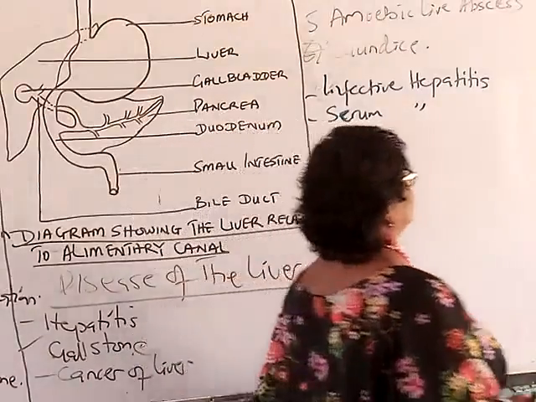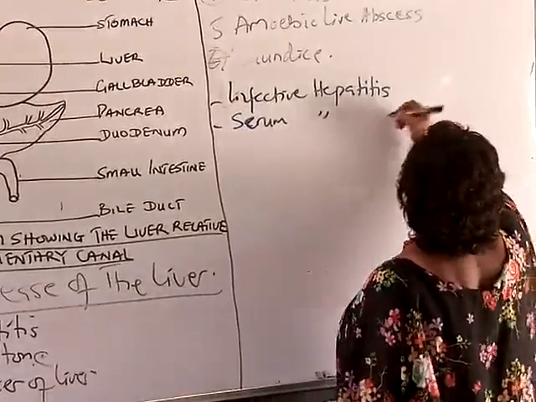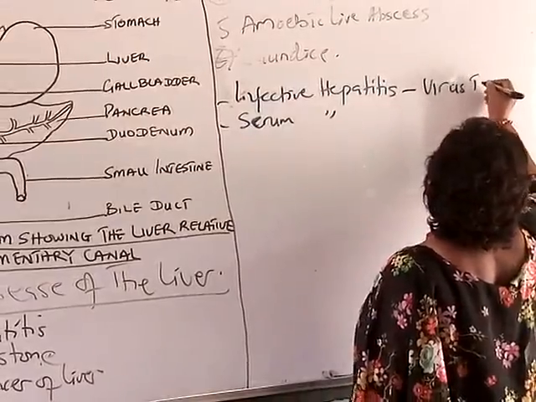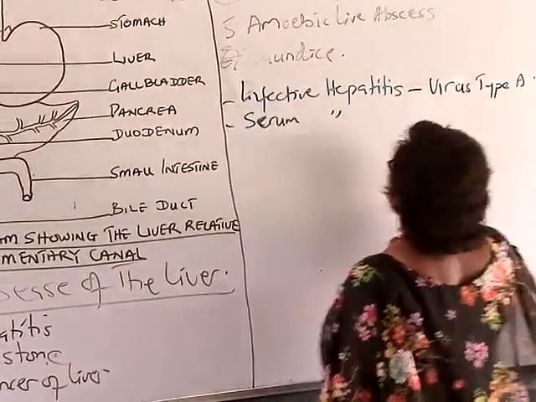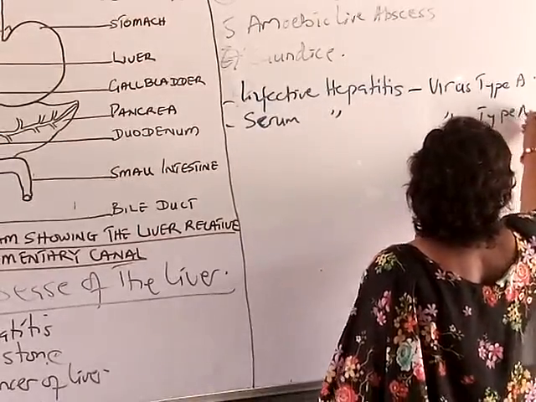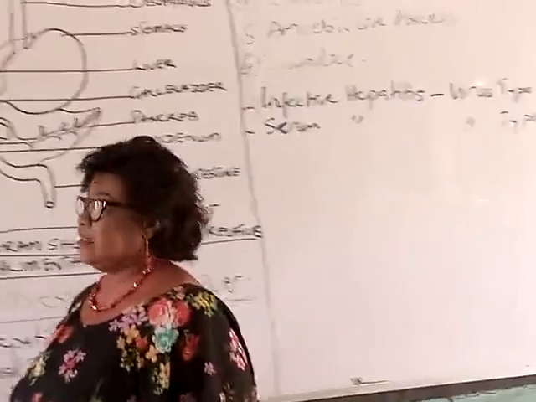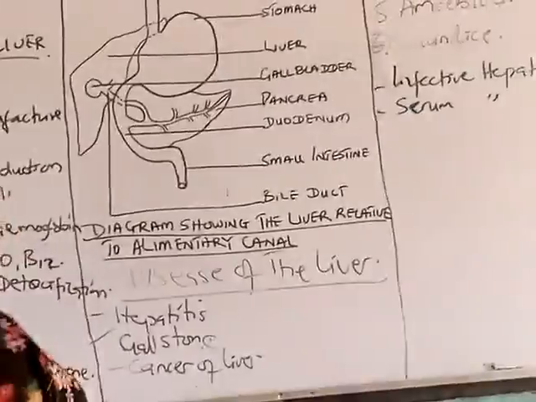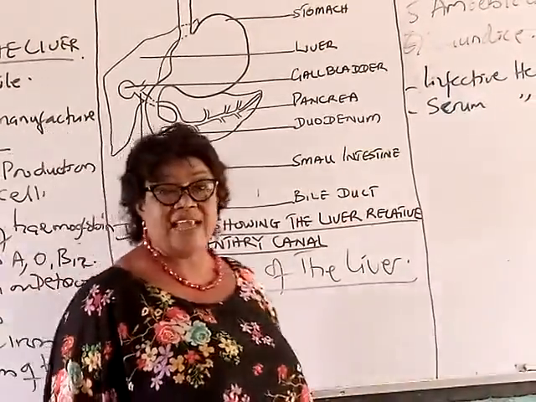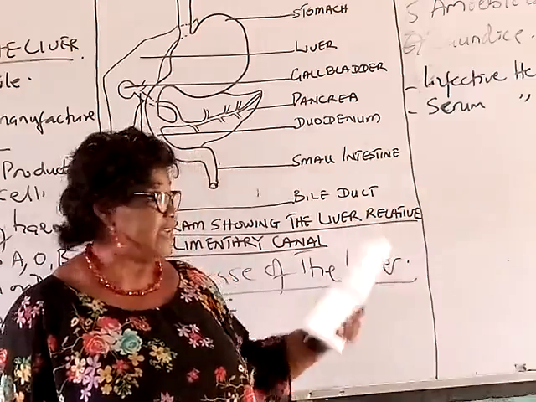The type of virus involved is called virus type A. Infective hepatitis is caused by virus type A. The second one is caused by virus type B. And they are very dangerous to the body system. If not noticed on time, if not treated on time, it could lead to the death of the patient or the individual involved.